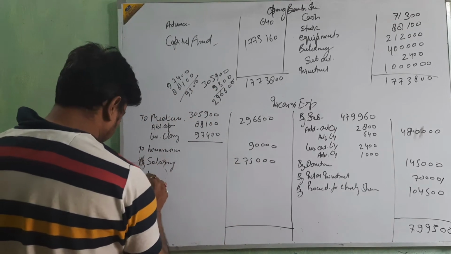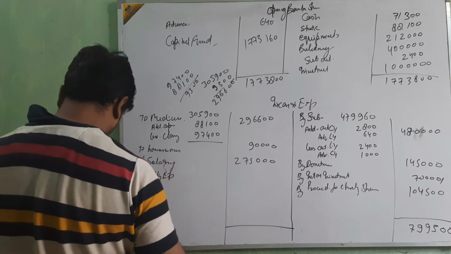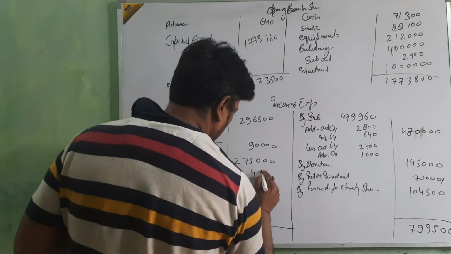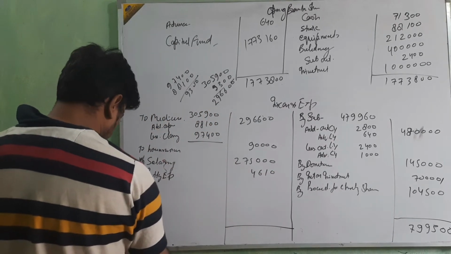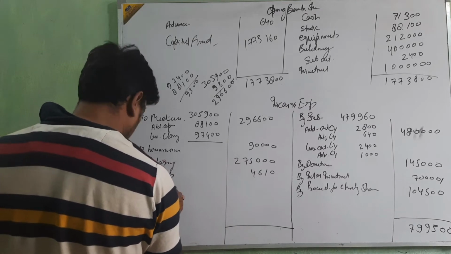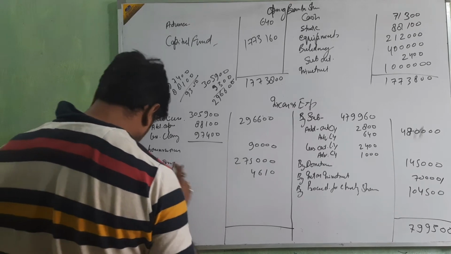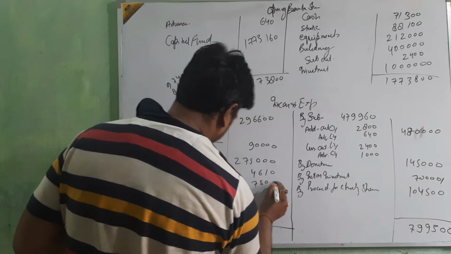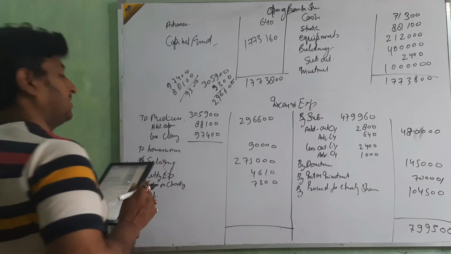Next is petty expense, 4,610. Then expense on charity show, 7,500, and now last is depreciation.